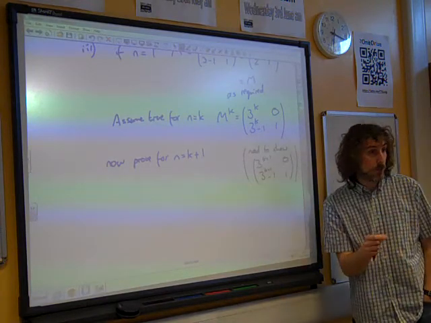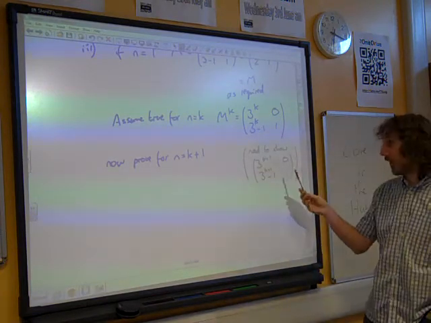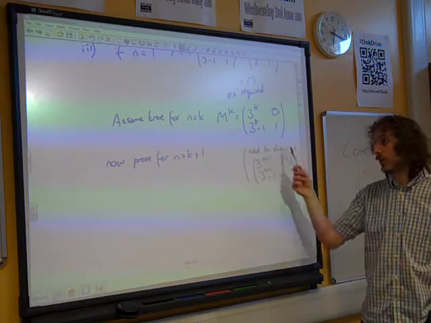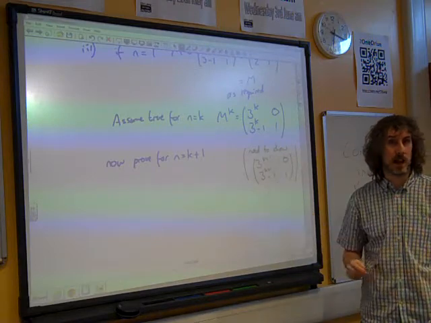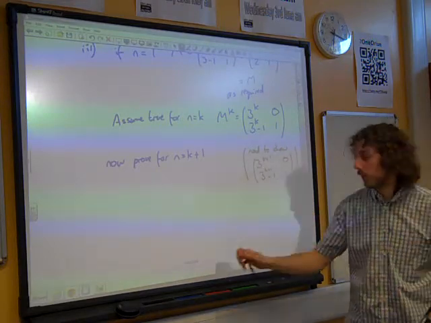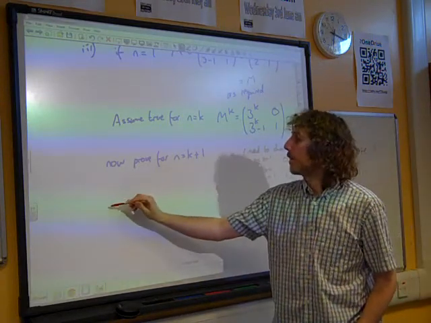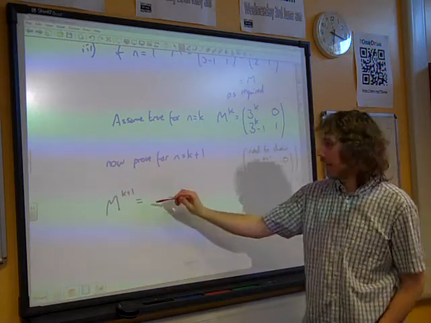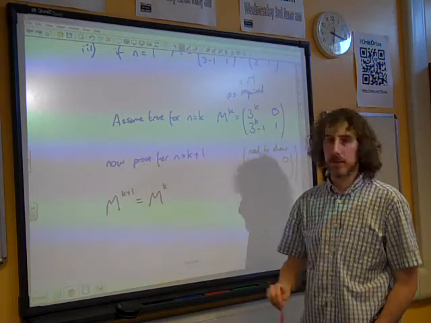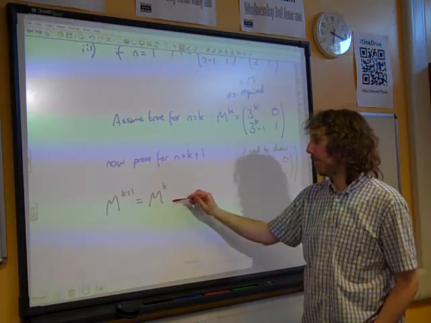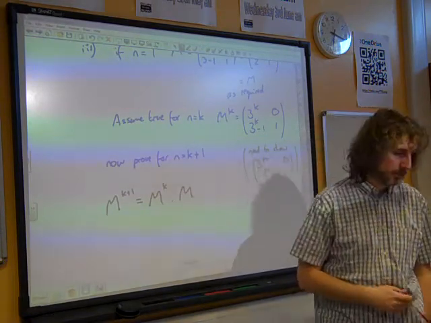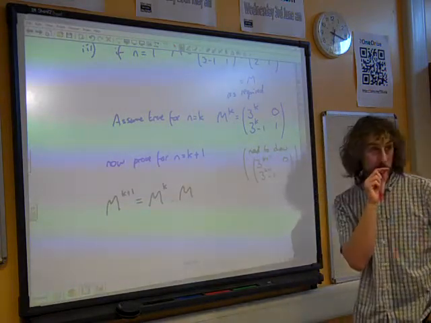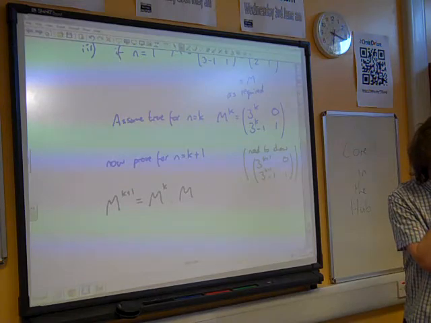It's a fairly obvious one that we're looking for in this case, but you've got to be careful, don't think that just by writing that that's enough. It's got to be clear that that's just you giving yourself a little pointer to where you're heading. So what we're going to say is M to the k plus 1 is what you get if you multiply M to the k by M, or the other way around, M by M to the k.